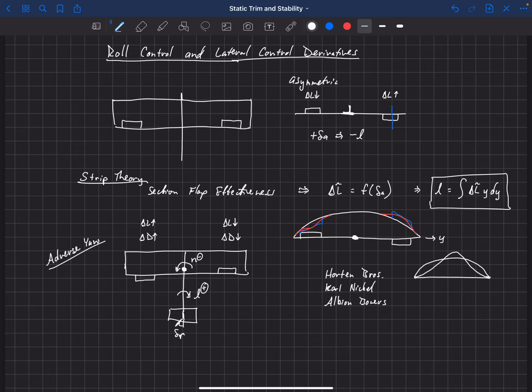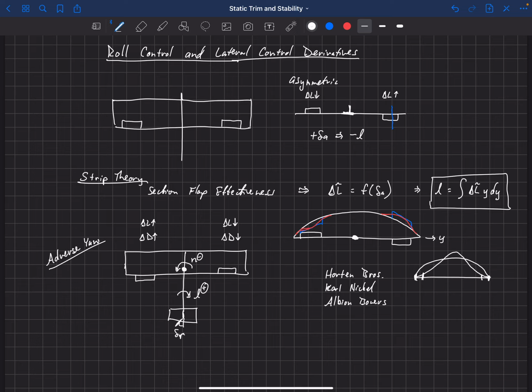But one of the interesting things is, if you use this lift distribution, and there are others like it, so it's not just the bell lift distribution, there's actually an infinite number of lift distributions other than the elliptic lift distribution that could be used. If you design your ailerons just right with these other lift distributions, you can actually get proverse yaw instead of adverse yaw. So this has been a really interesting area of study.